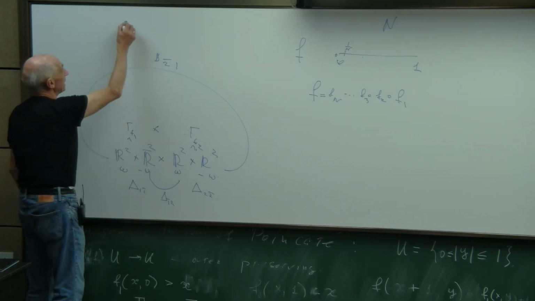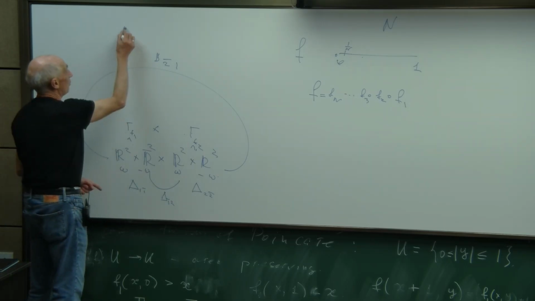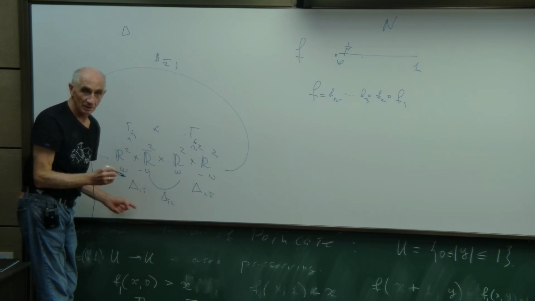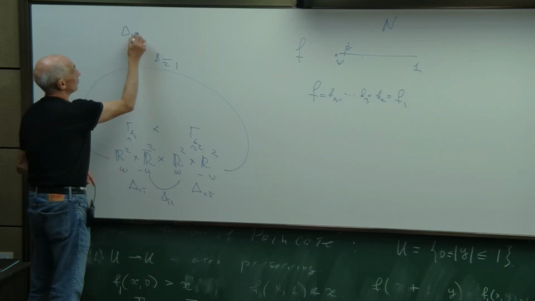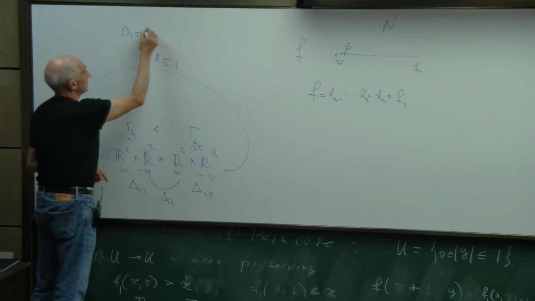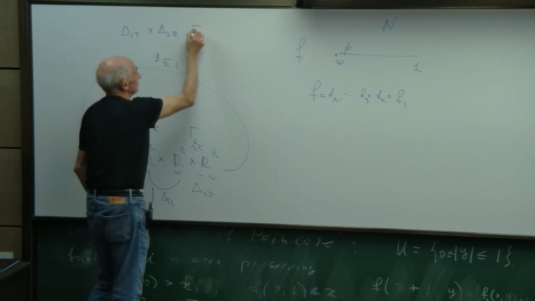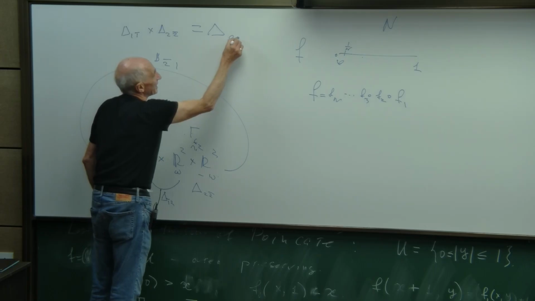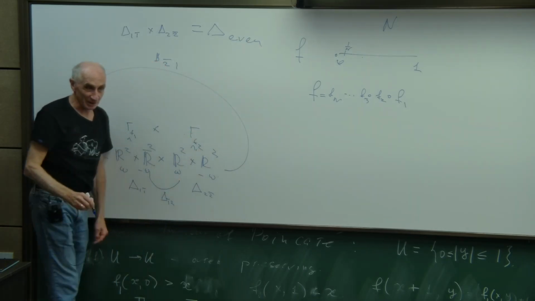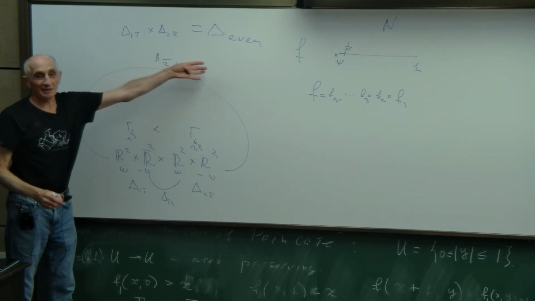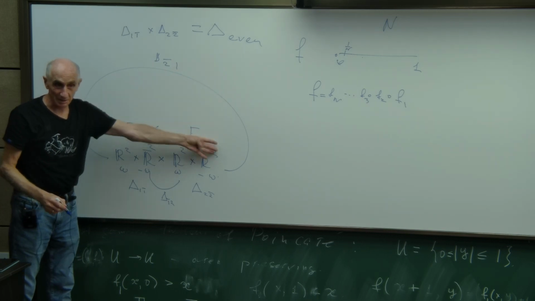Now we can take a product of these two diagonals. You take delta 1 1 bar times delta 2 2 bar, and let me call it the even diagonal, delta even. This is again a Lagrangian subspace in the space.